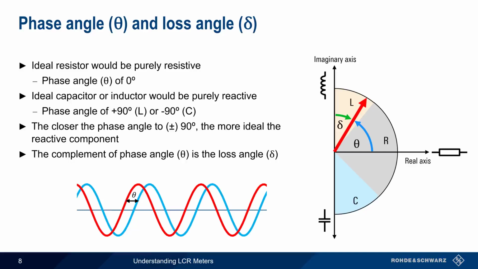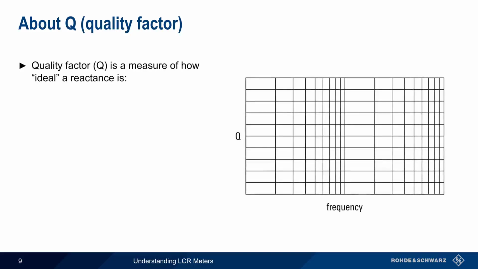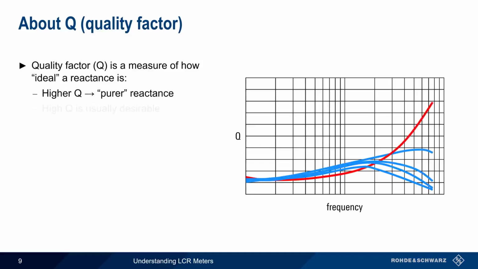The quality factor, or Q, of a reactive component is another way of expressing how ideal a reactance is. Higher values of Q mean a more pure reactance, which is desirable in almost all cases. Q can be calculated in two ways, either as the reactance X over the resistance R, or by taking the tangent of the phase angle theta.